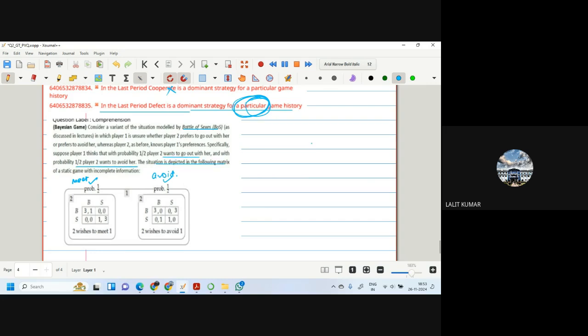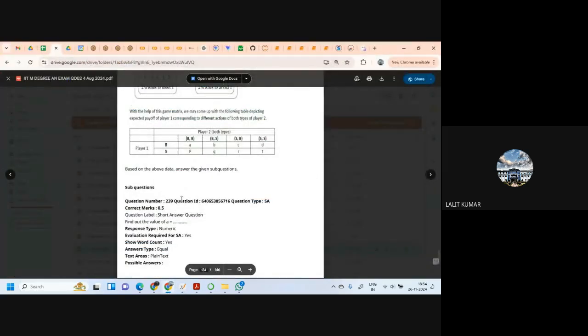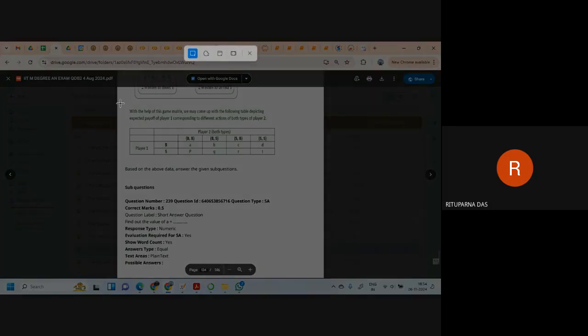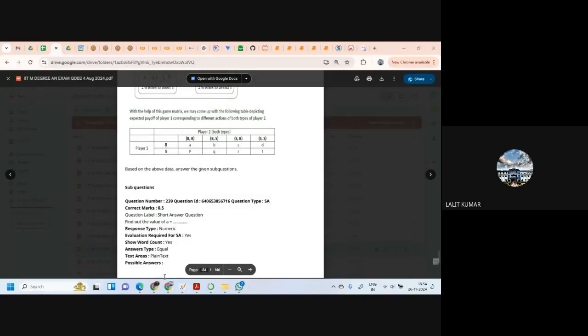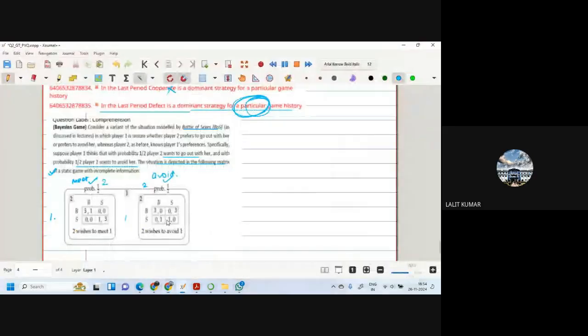The situation is depicted। तो same है जो आपका lecture से है। This is player one, this is player two. So this is the case of incomplete information. And I think this same question was there in the GA also। They have straight away picked up from GA.